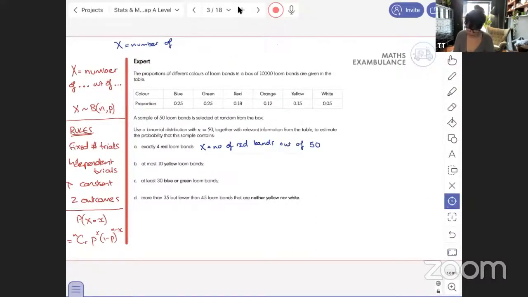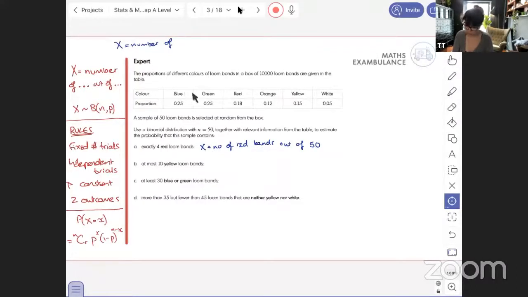Where did I get that information from? Well, it's asking about red bands. So I want to count the number of red bands, and I've got a sample of 50. So n is 50. So when you go into your calculator now, you're going to tell it that n is 50. And you know you're talking about the number of red bands. And then the calculator will say, okay, what is the probability of getting a red band?